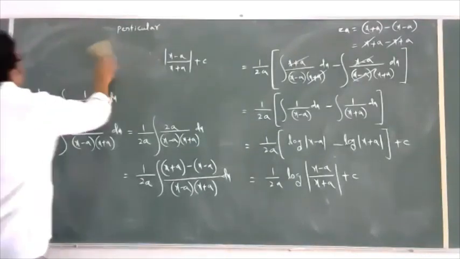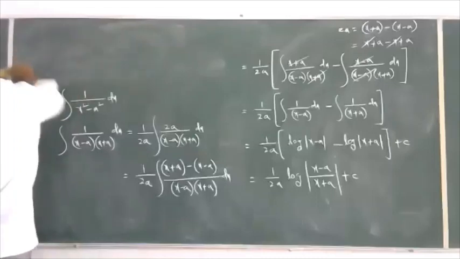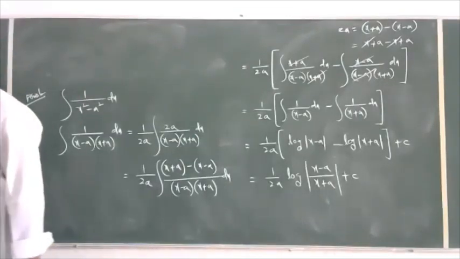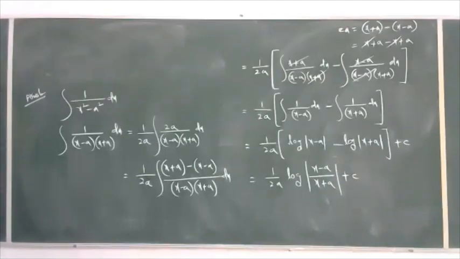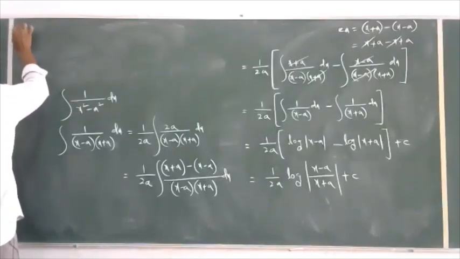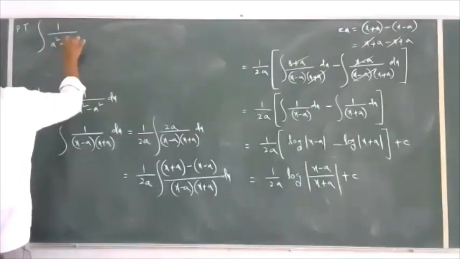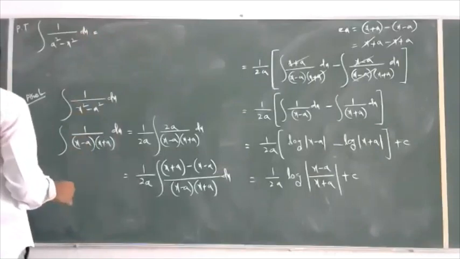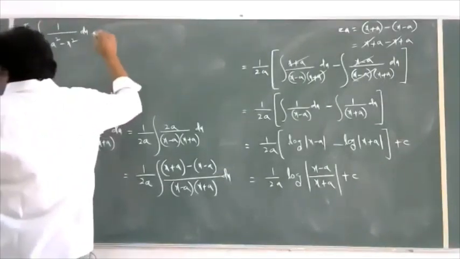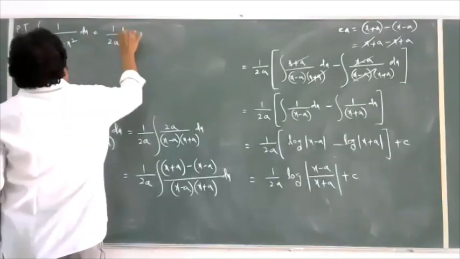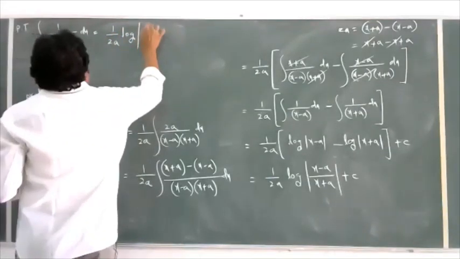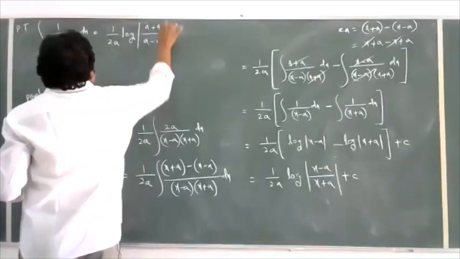Yes, second theorem. Prove that integral 1 by a square minus x square dx is equal to 1 by 2a log mod a plus x by a minus x plus c.